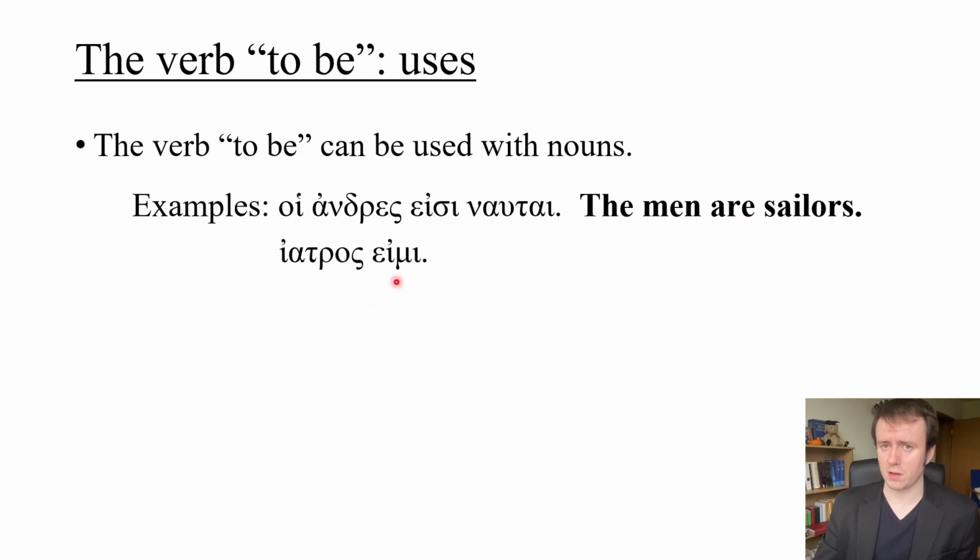Eimi is the first person singular form of the verb to be in the present indicative, so it means I am, and iatros means doctor, and it's in the nominative since, with the verb to be, everything goes in the nominative. The complement of the verb to be here is iatros, and so this means I am a doctor.